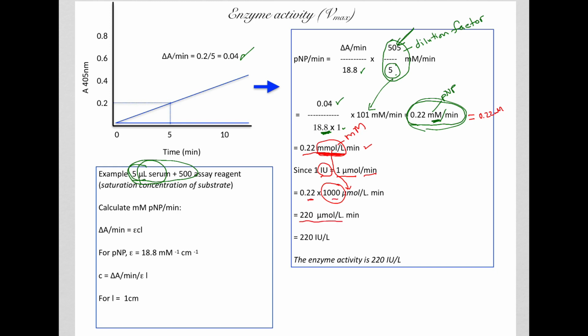That comes out to be 220 micromole per liter per minute. So since 1 micromole per minute is 1 international unit, 220 micromole per minute per liter will be 220 international units per liter. So that's how we get this enzyme activity, the Vmax, as international units per liter.